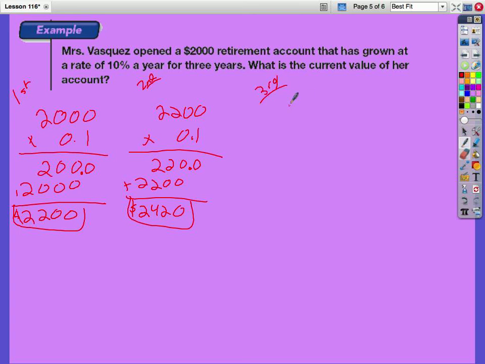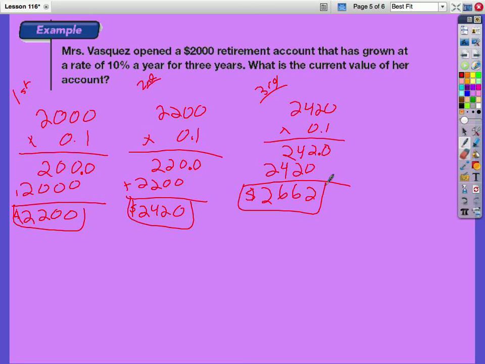So for the third year, I take that $2,420 multiplied by 10%. Okay, I get $242. I add that to how much money I have in my account. And after 3 years, I now have $2,662, or Mrs. Vasquez does. Okay. If we had simple interest, you would just make $200 a year. It should be at $2,600. So you make more money by having compound interest.